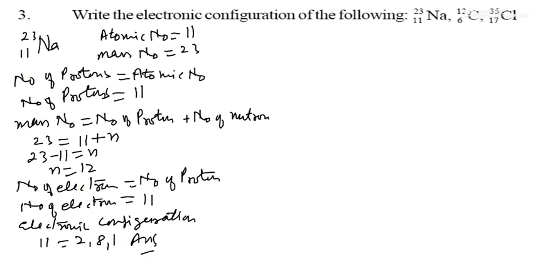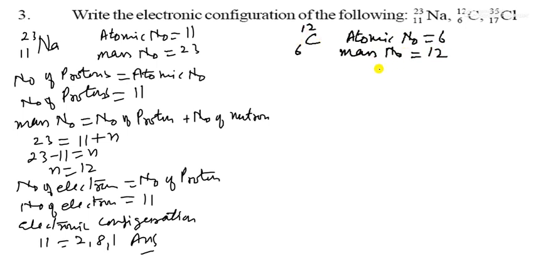Come to the carbon. What happens in the carbon? Carbon is given as 6 and 12. So the atomic number is 6, and the mass number is given as 12.